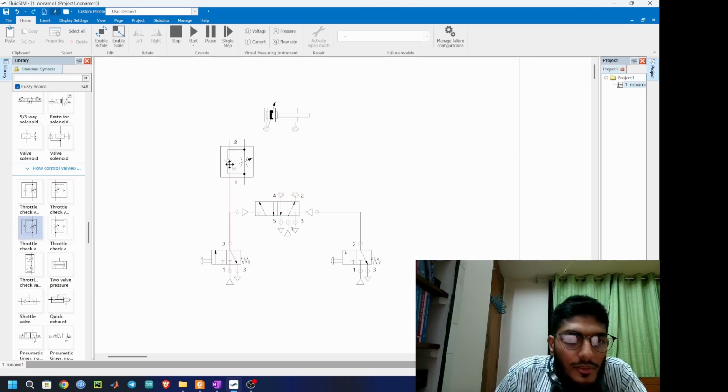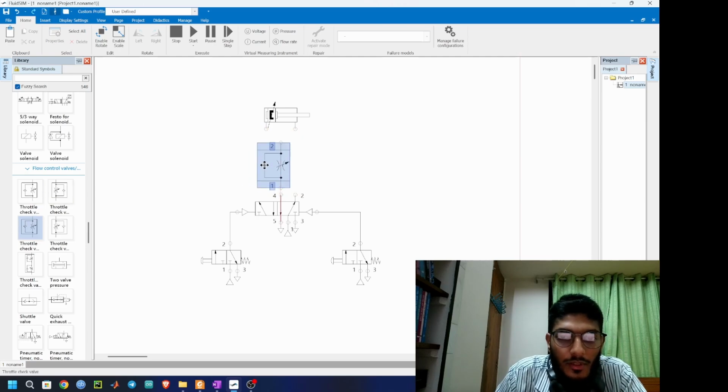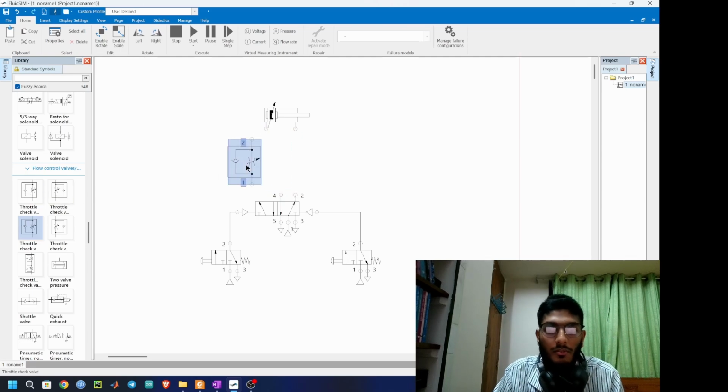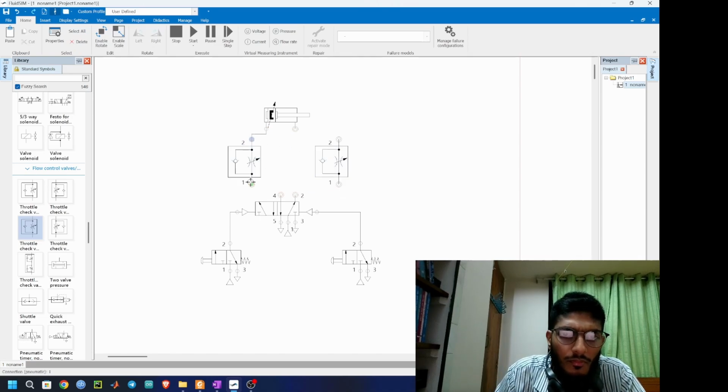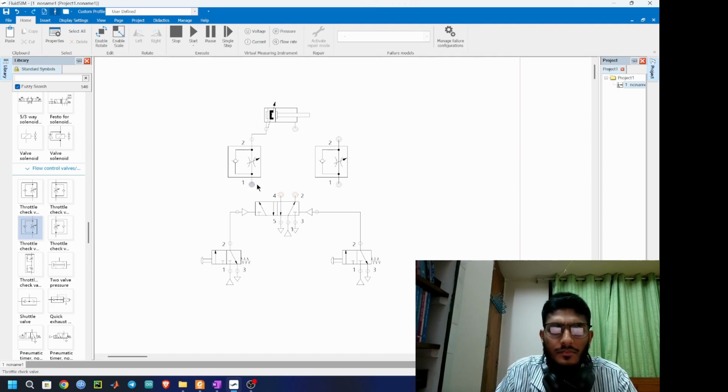Here you can see the check valve is reversed from the previous one. This will work perfectly for our purpose. Let's add this.